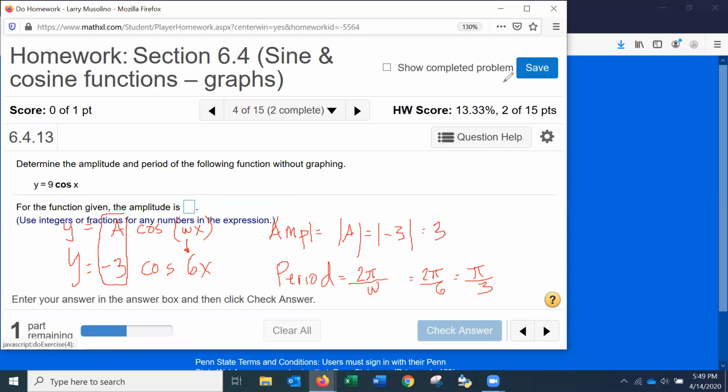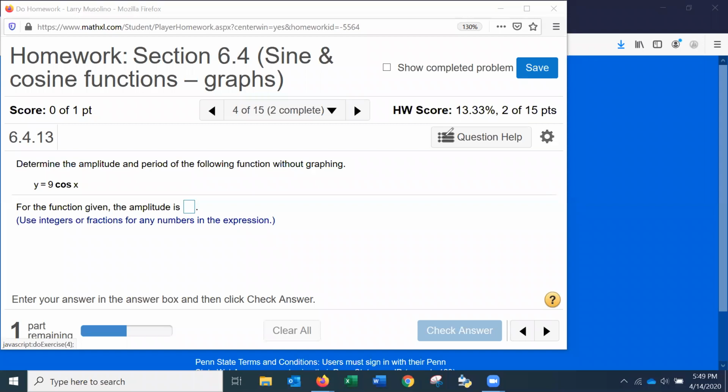Let me clear the screen here. All right, what's the amplitude and period of this function? Well, for this one, the only thing I have to be careful about is when I compare this to the general formats here.